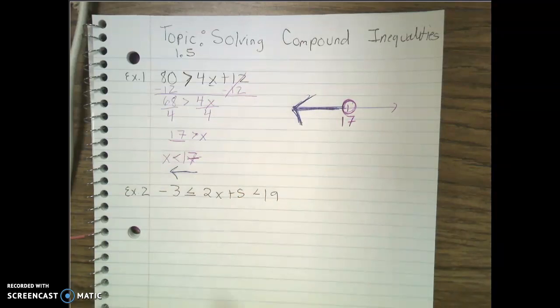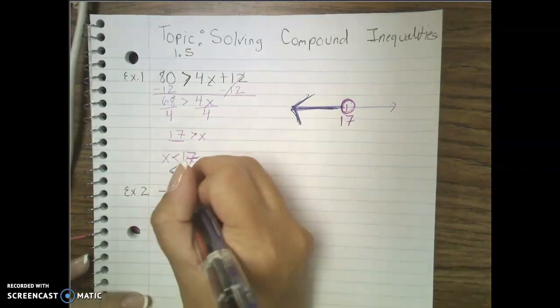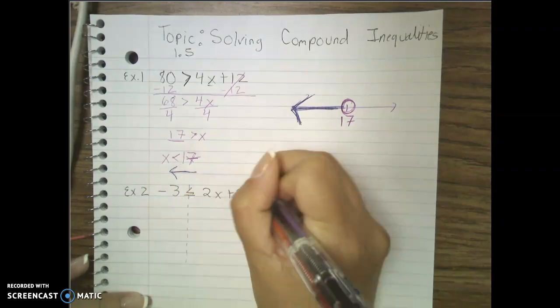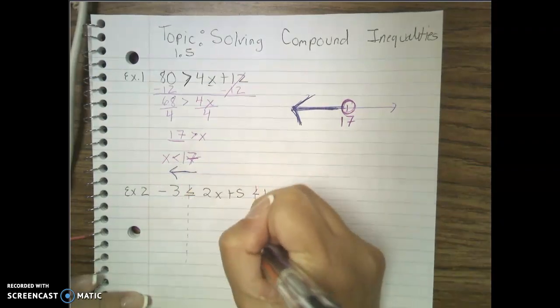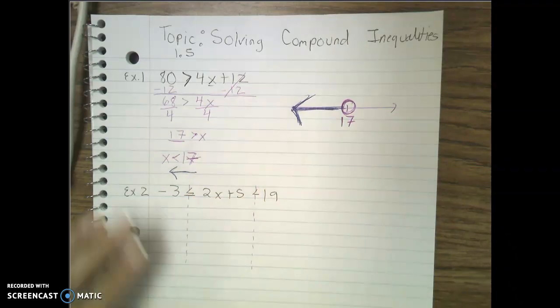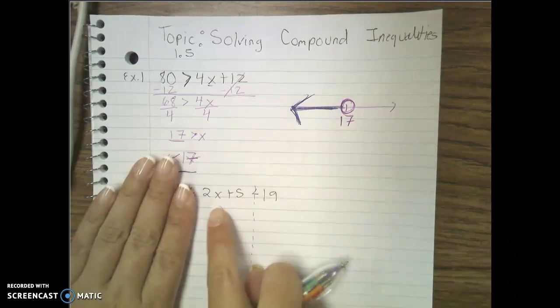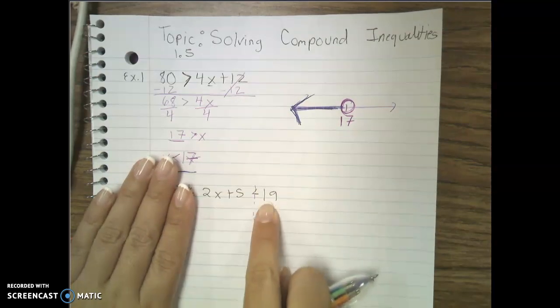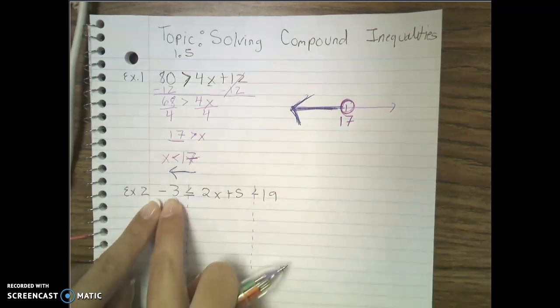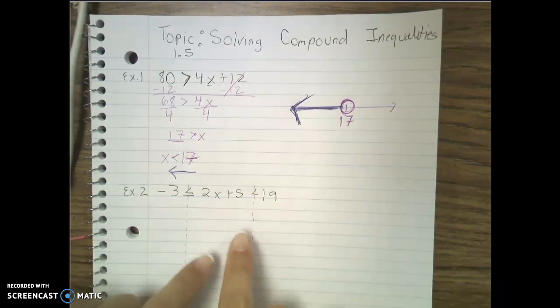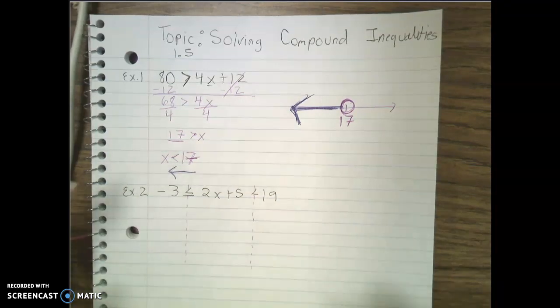Okay, so it's the same thing as the first one, but in Algebra 1 you might have drawn a line down the inequality sign or down the equal sign. And most of the time, you just have two expressions, one on the left and one on the right. Now I have 1, 2, 3 sections. So what I do to one section, I have to do to the other too.